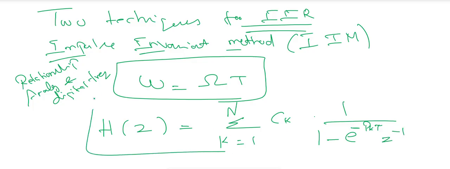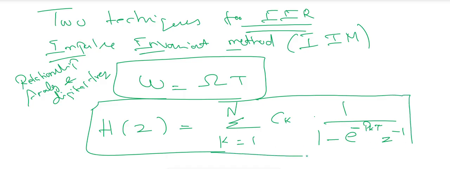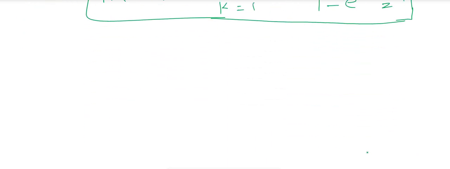So these two we have derived in the last session. Now we'll take some problems for the impulse invariant.